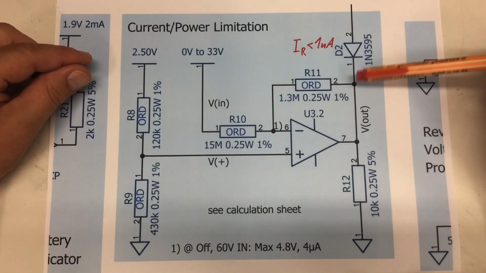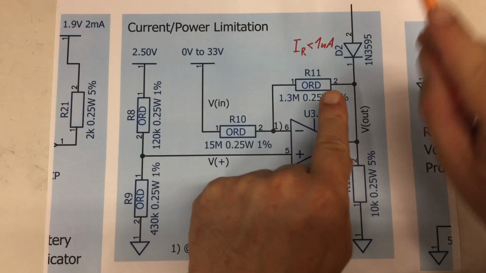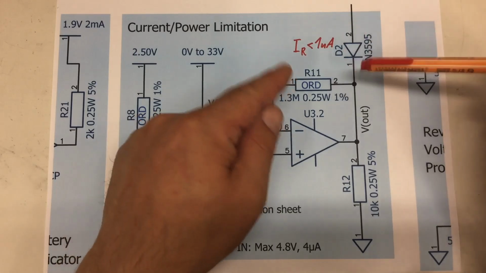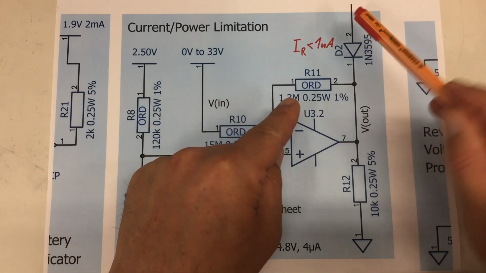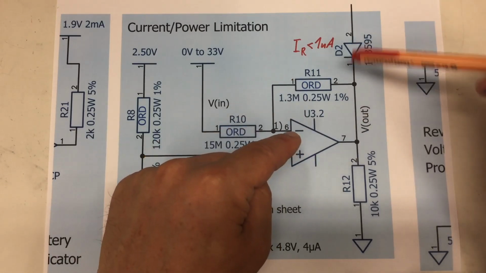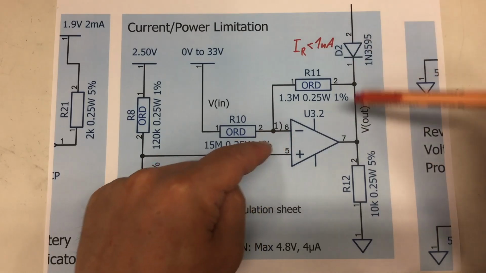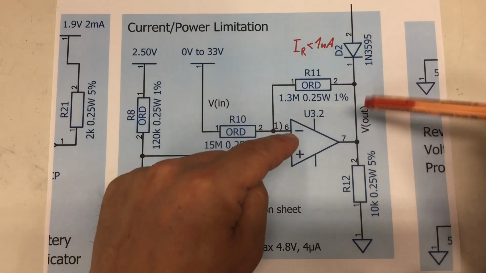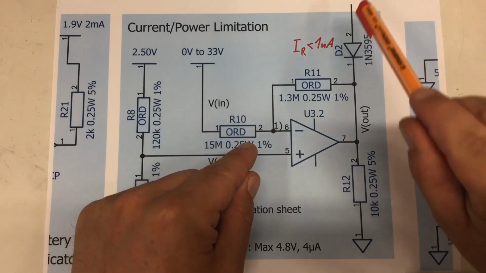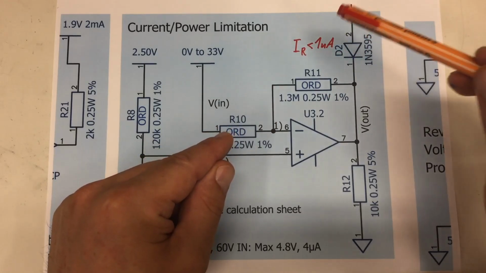If at this point, which I marked V out, the voltage is lower than plus 0.6 volts up in my current limitation, then I want to draw that point up there down to this voltage. If it's higher here, nothing should happen. That diode is preventing that current limitation circuit from actually increasing the current that is flowing.